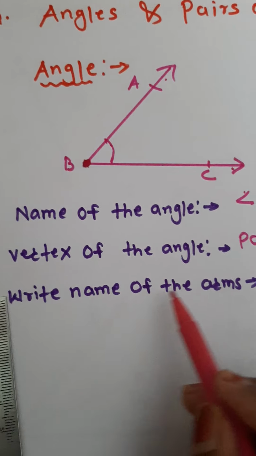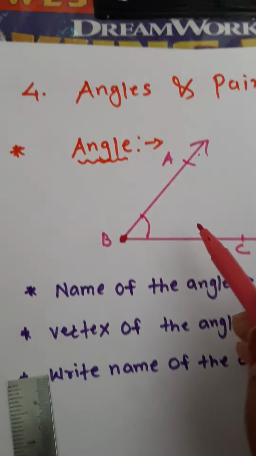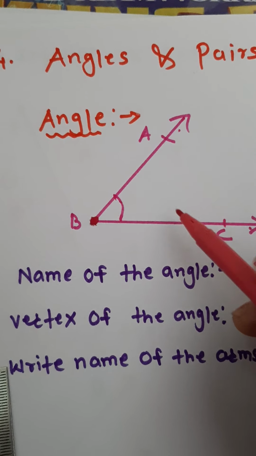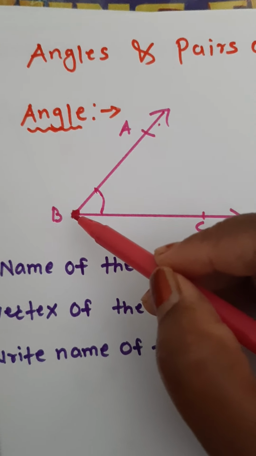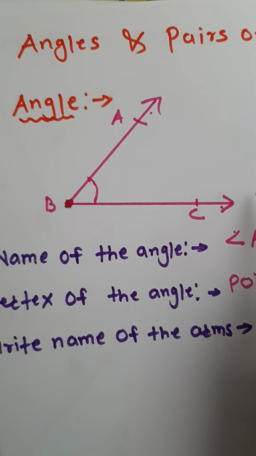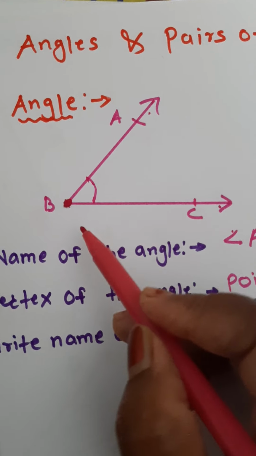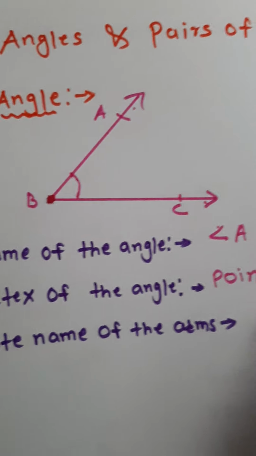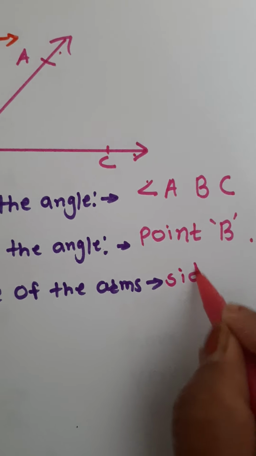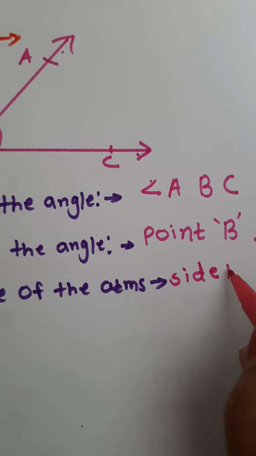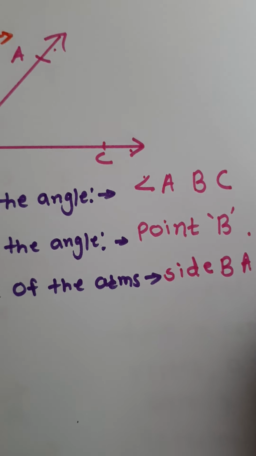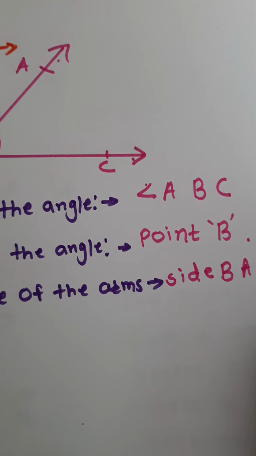Then write the names of the arms of the angle. These two different rays are arms of the angle. Arm, or you can say side BA and side BC. These are sides of the angle or arms of the angle. So here I am writing side BA and side BC.